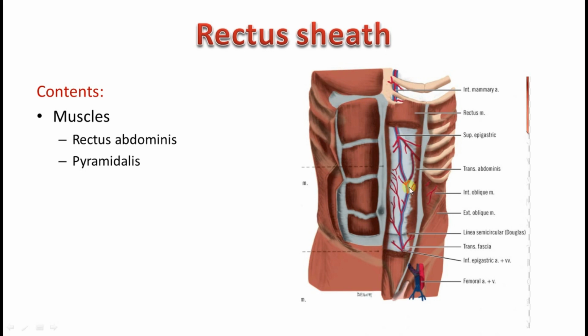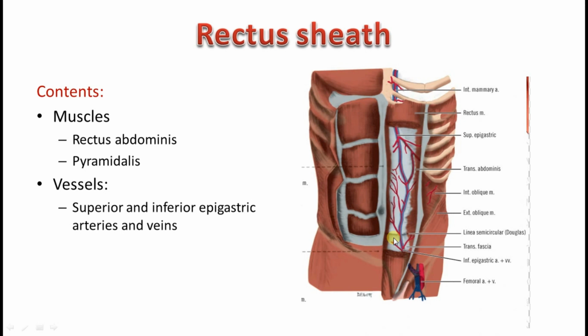Vessels are the superior and inferior epigastric arteries and the veins. Then of course the nerves piercing the rectus sheath, the lower 5 intercostal nerves, and the T12 nerve, which is actually the subcostal nerve. These are the contents.